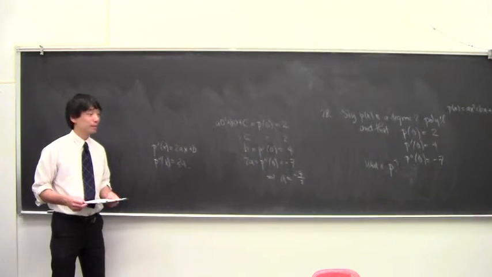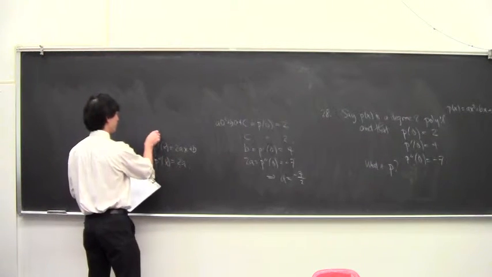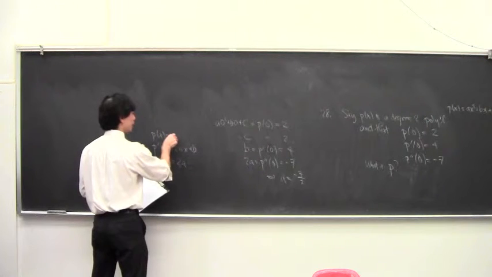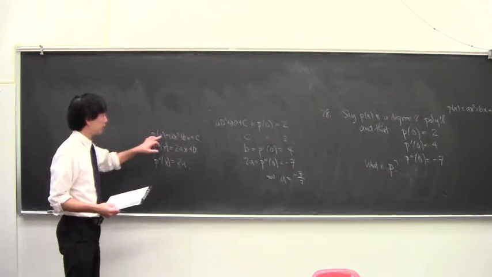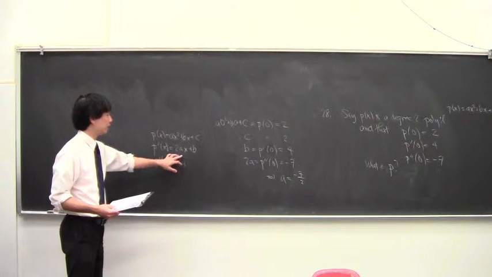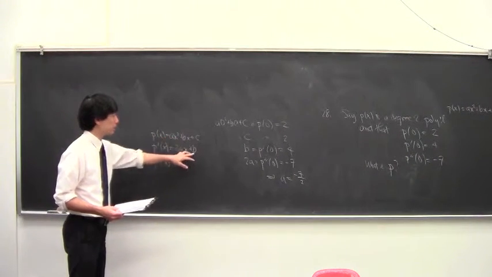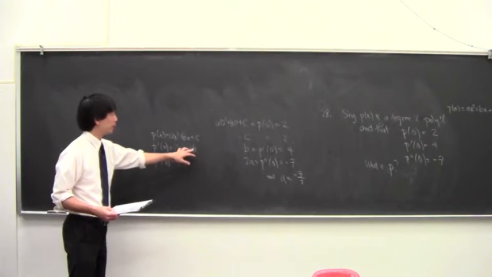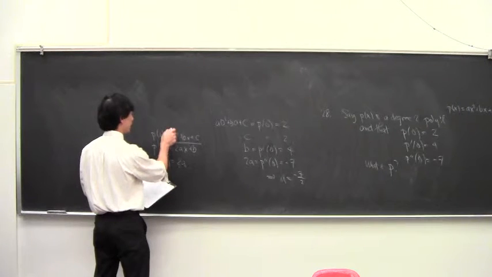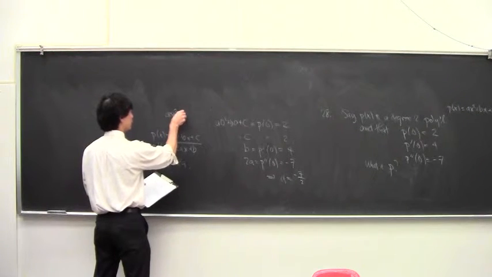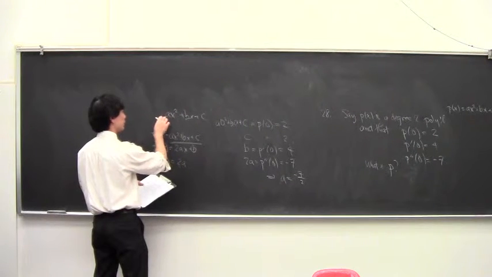Where did the 2 come from? The 2a? So remember P was ax squared plus bx plus c, right? So P prime is going to be 2ax plus b. When you differentiate ax squared plus bx plus c, differentiate this, you get 2ax.